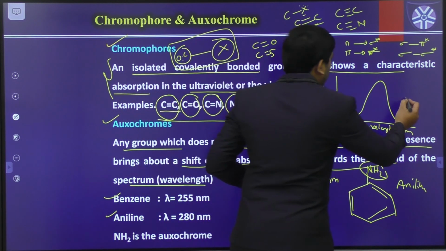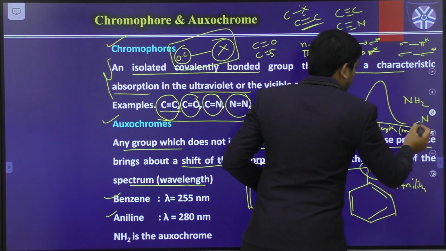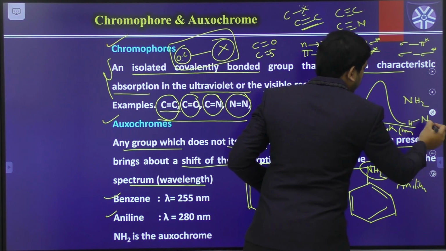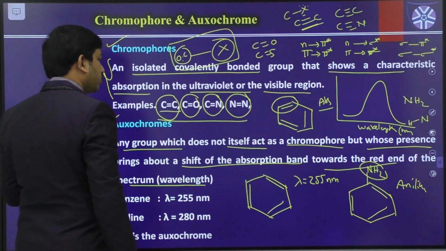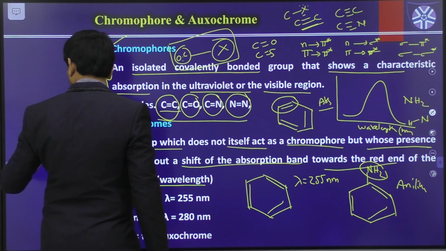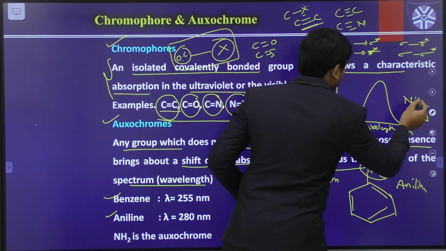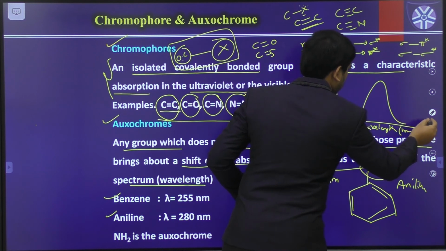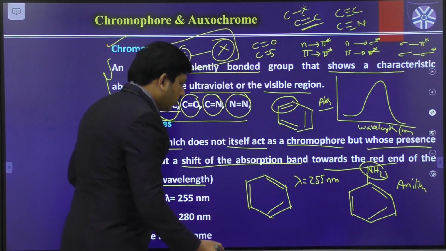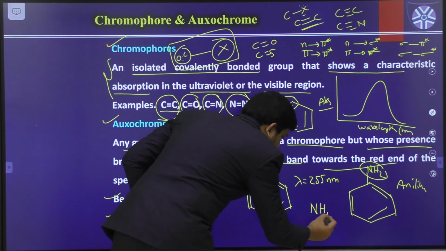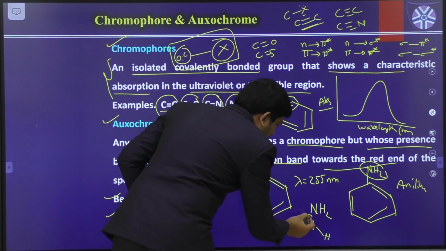What is the reason? What is the NH2 group? In the case of the NH2 group, nitrogen is attached to two hydrogens like this, and there is a lone pair of electrons also.